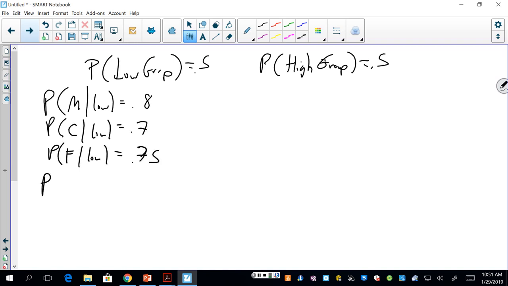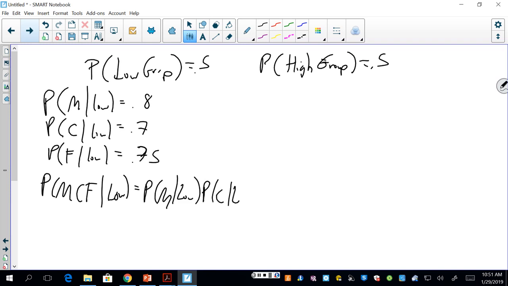So this conditional independence says if we have these three things conditional on this group, we can multiply these three things together, and so we get 0.8, 0.7, 0.75.